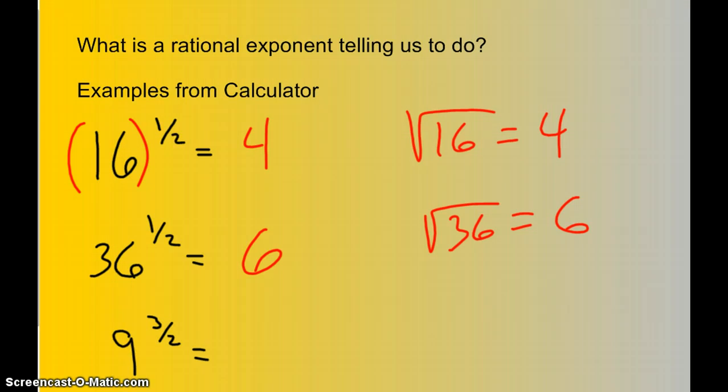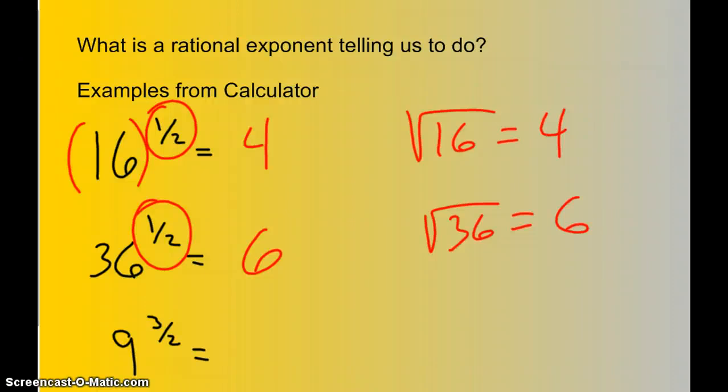And that is true because these two problems are exactly the same. The 1/2 power is the same as a square root. So this is the connection between roots and radicals: a root or a radical is the same thing as a fractional exponent.